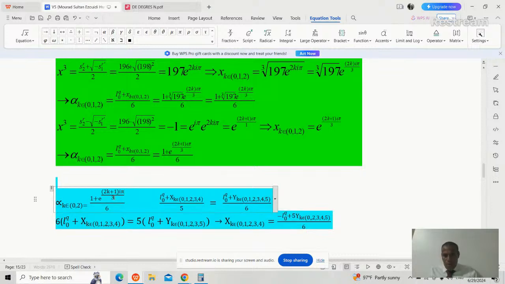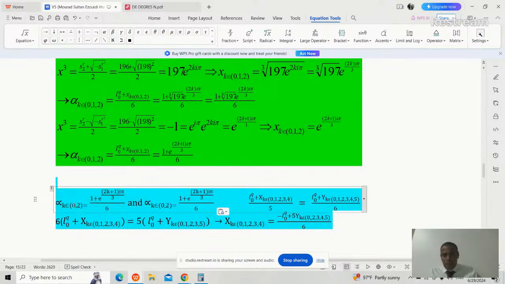And the second roots are these ones. I'll write alpha for k from 0 to 1 to 2, because the polynomial to the power 5 has 5 roots: these 2 roots and these 3 roots. So I'll write 1 plus this one.